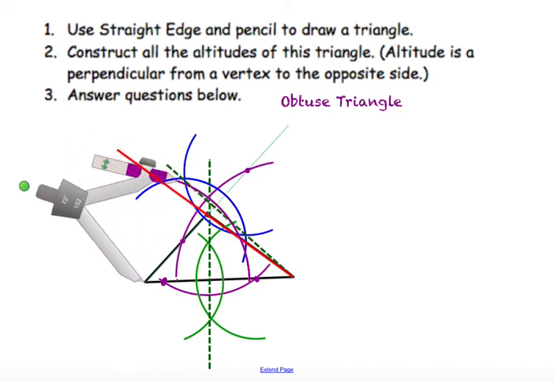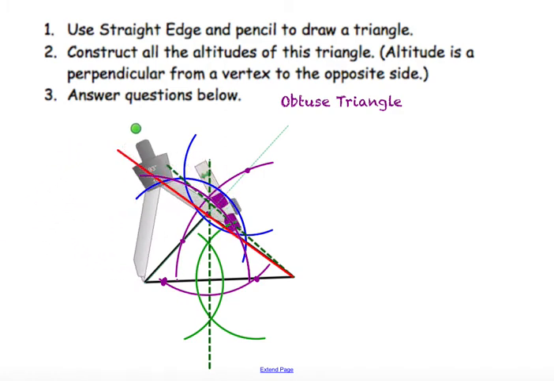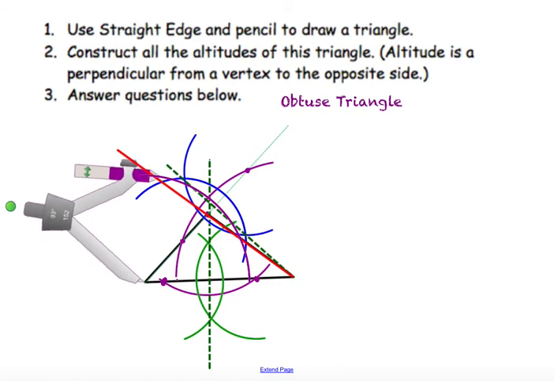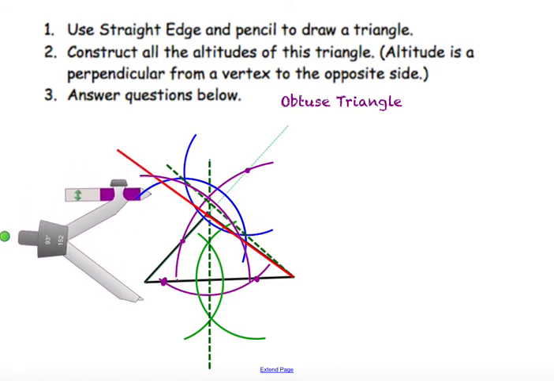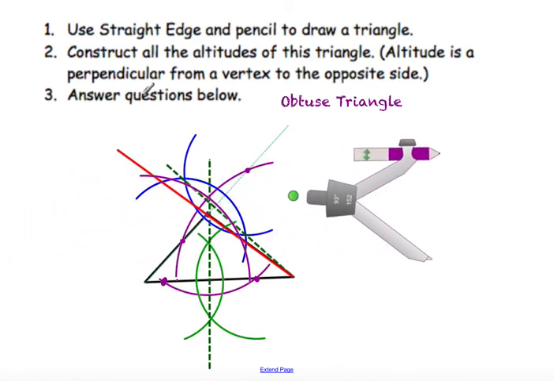Cut through the red line. So where it's hitting the red line, there should be 2 places. We'll need to do the perpendicular bisector through there. I use red for this one.